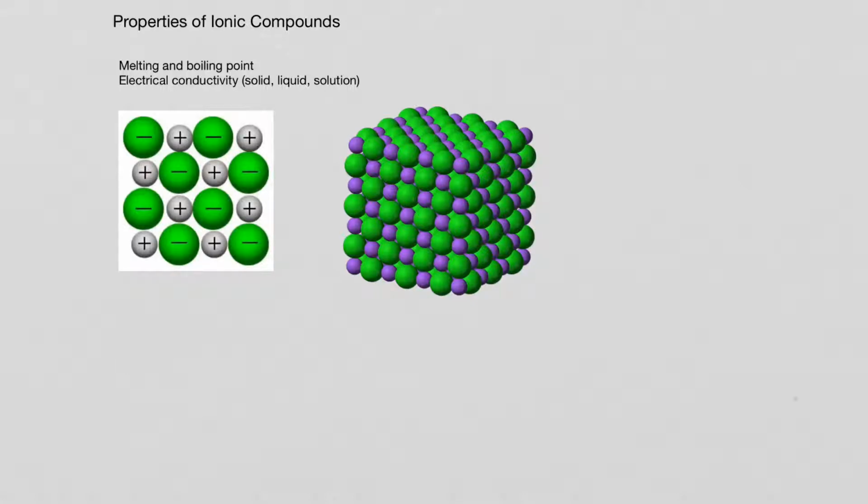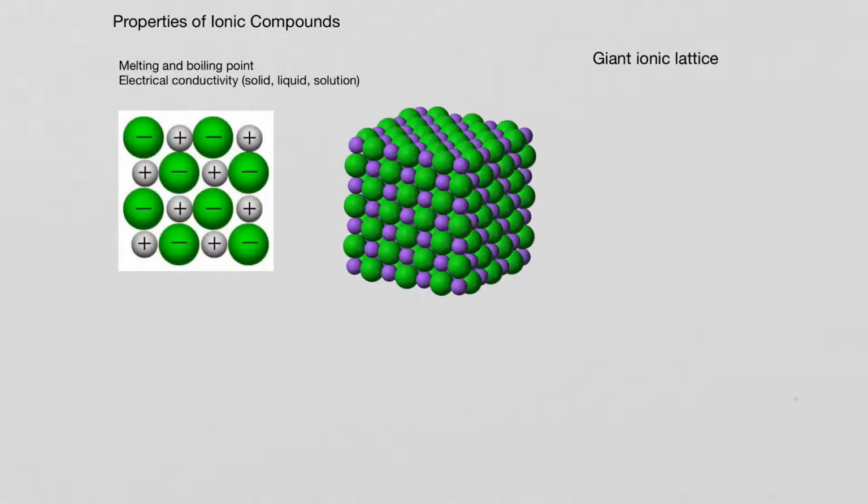The key phrase that you need to be aware of is giant ionic lattice. The giant part implies it's really, really big, and it almost goes on forever, because next to this sodium it's a chloride, next to this chloride it's another sodium, and it goes on and on. That's the giant bit. The ionic bit is easy because it's made up of ions, and remember, an ion is a charged particle, any charged particle.